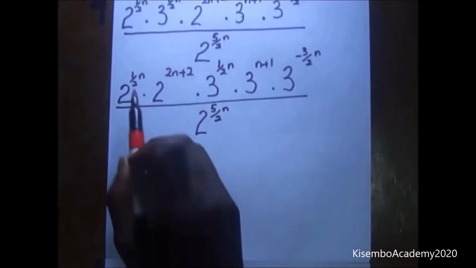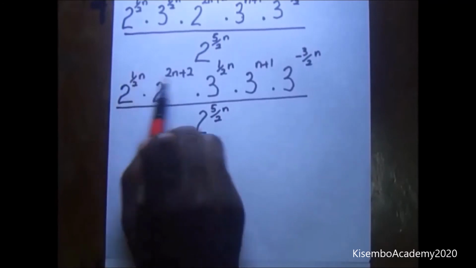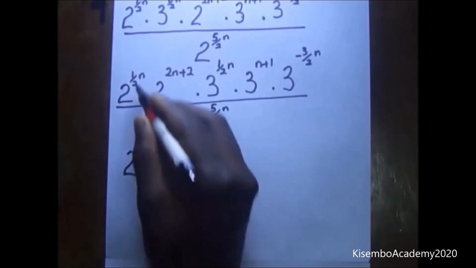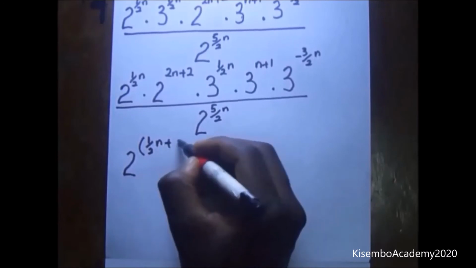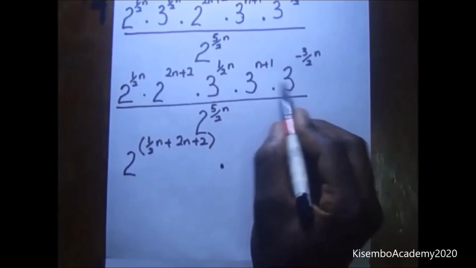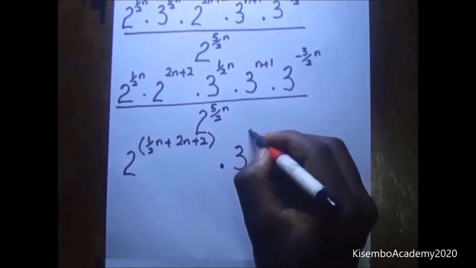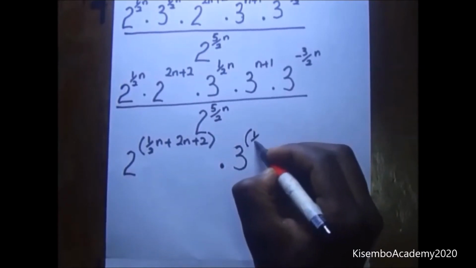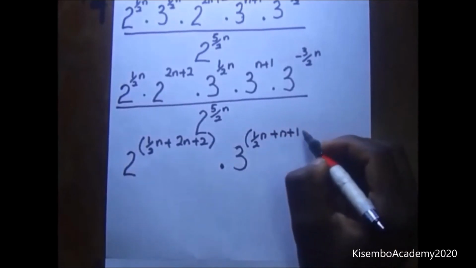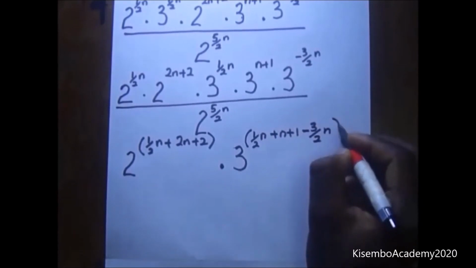So using the laws of indices, the base is the same, so when we are multiplying, we add the powers. This is going to become 2 to the power half n plus 2n plus 2, times 3 to the power of all the powers added: half n plus 1 minus 3 over 2n.